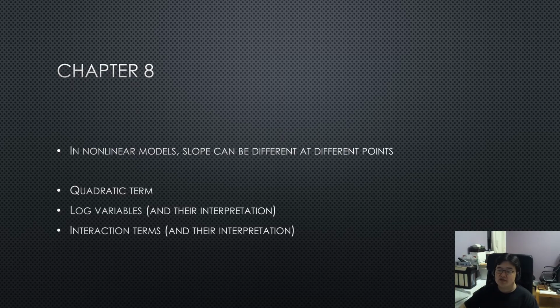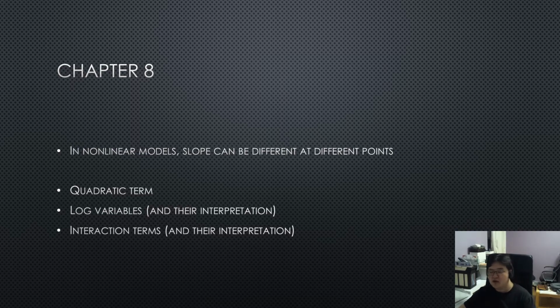So the examples of nonlinear models are quadratic term, so including the quadratic term x squared into the regression. Then calculating the slope requires a specific point of x. And also this is maybe more important, log variables, logarithm.